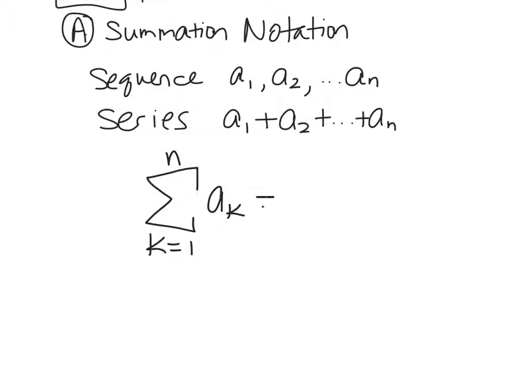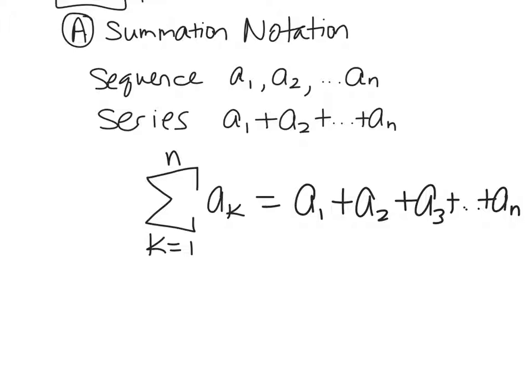If you were to take this, you would plug in k equals 1, that gives you A sub 1. Plug in k equals 2, plug in k equals 3, all the way until you get to n, which is our top ending number.